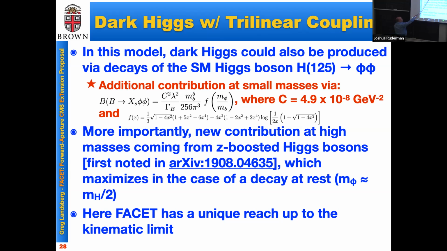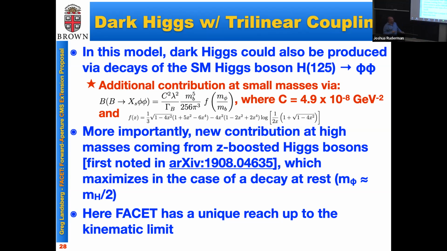And it also gives you another source of the light decays. B meson could now decay into a pair of dark Higgses rather than a single dark Higgs. And basically, we incorporate both these cases, the three-body decay of B mesons, which enhances sensitivity at low masses, and the Higgs decays, which enhance the sensitivity at high masses.